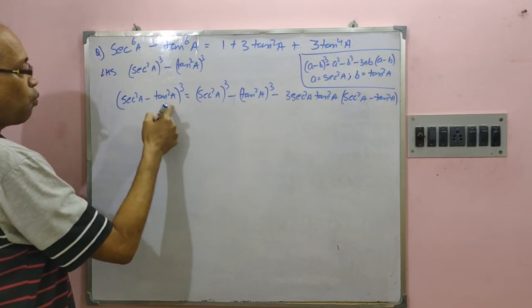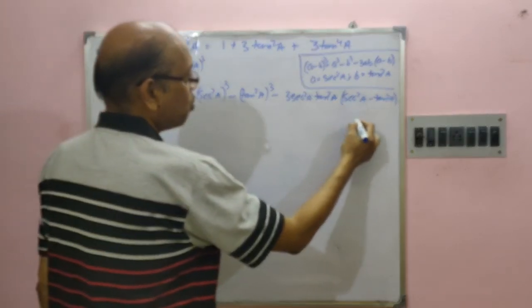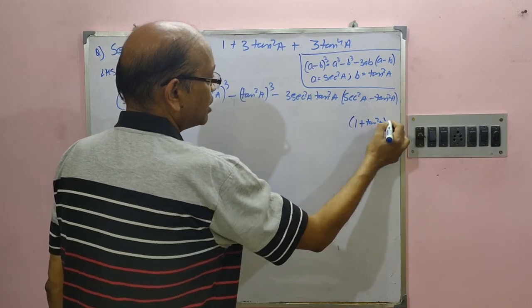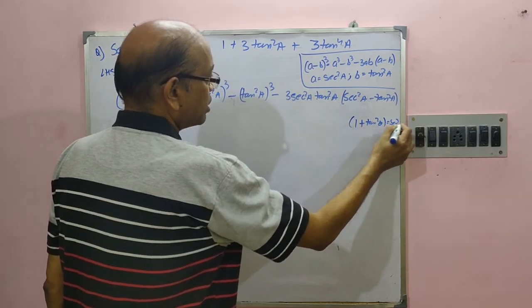This is 1 because we know 1 plus tan square theta is equal to secant square theta.